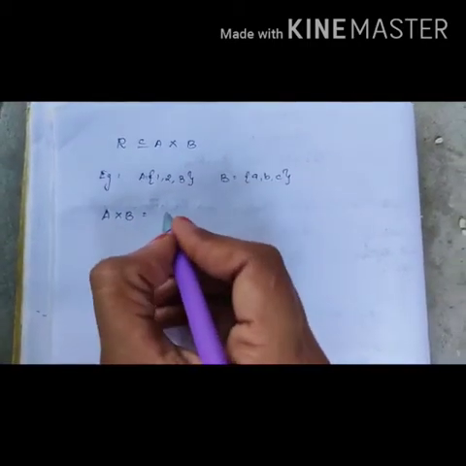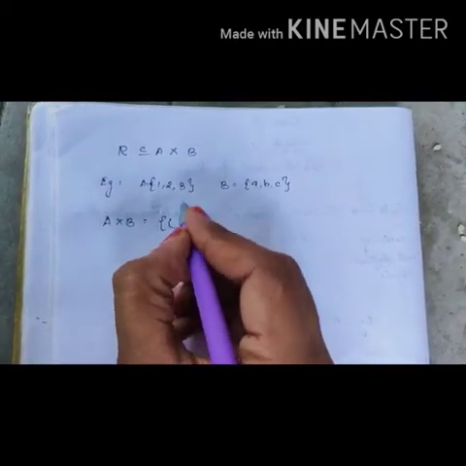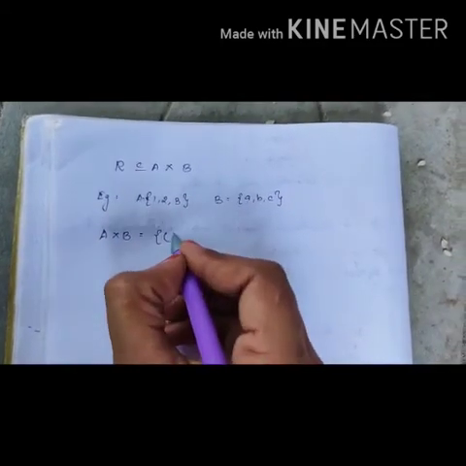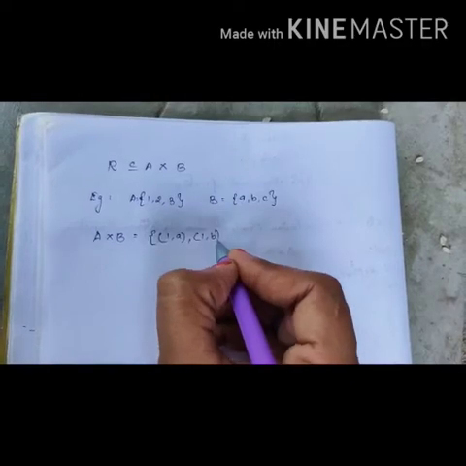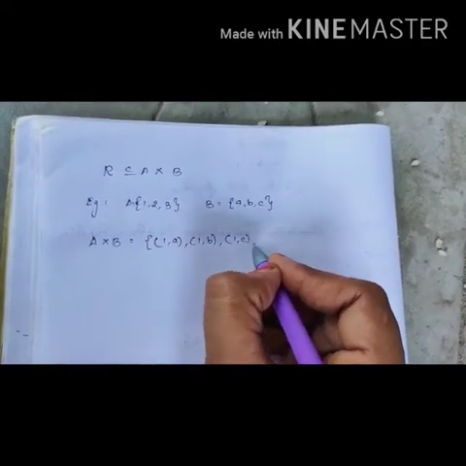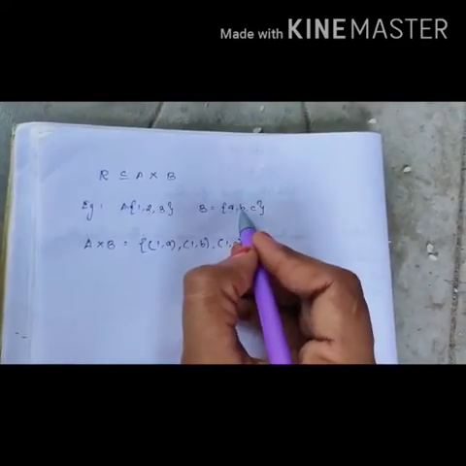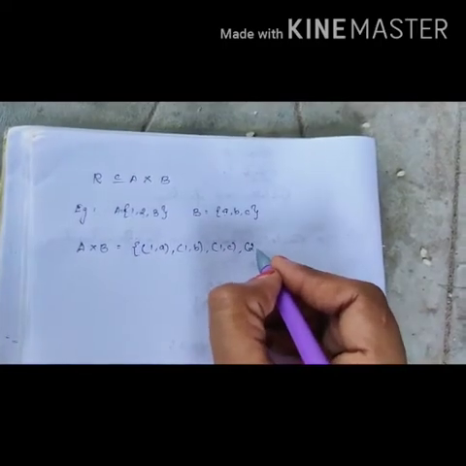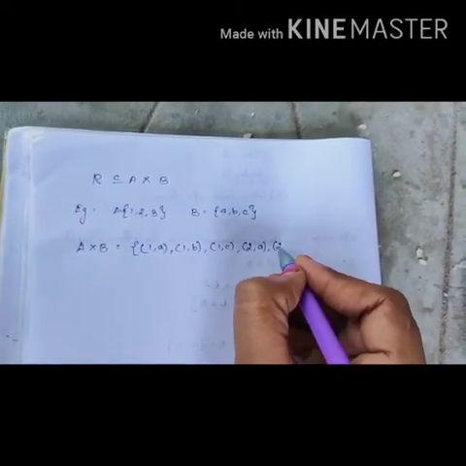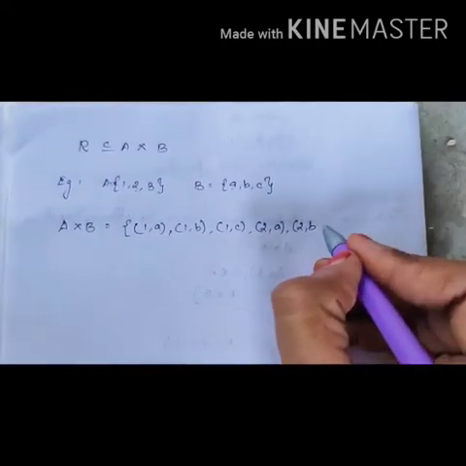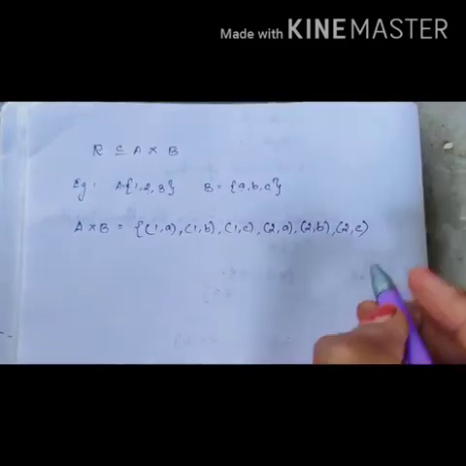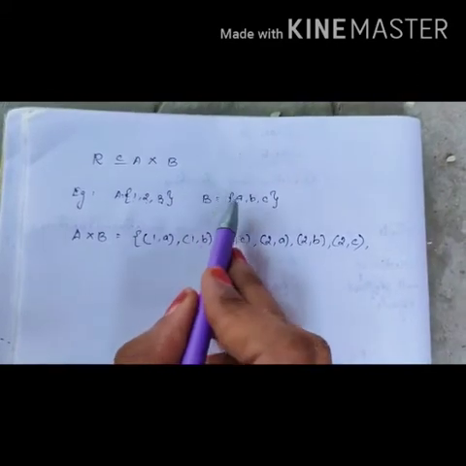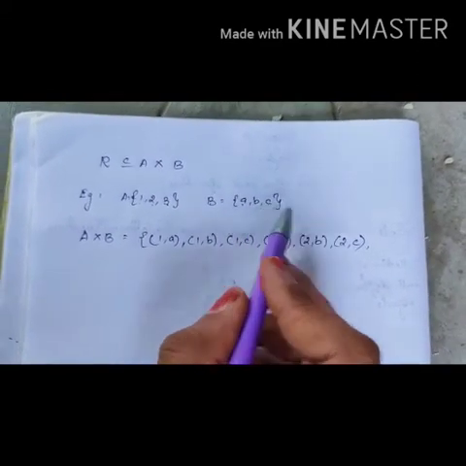Now let us do the Cartesian product for these two sets, which will be (1, A), (1, B), (1, C), and again (2, A), (2, B), (2, C), and next (3, A), (3, B) and (3, C).